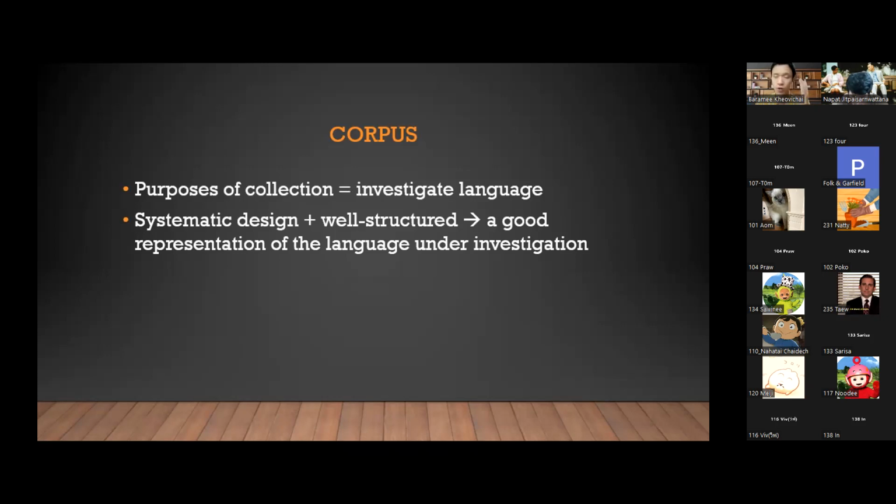And therefore, we need to think about how we collect the data that would reflect how we use language in everyday life, from reading, listening, speaking, and writing. So we need a systematic design. It needs to be well structured. It needs to be balanced. And it should have language used in many contexts, in order to make a good corpus.